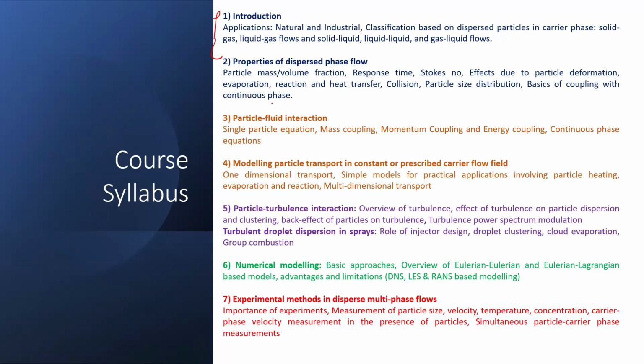Next, we will consider some key properties of multiphase flows, and then this is the theoretical modeling part. Here we will consider the mass, momentum and energy equations for the particle phase and for the carrier phase, and then we will consider one-dimensional transport and simple models for practical applications.